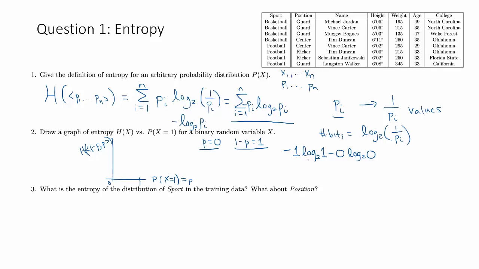Simplifying this, log base 2 of 1, that's 0. So the first term is equal to 0. For the second term, we have 0 times log base 2 of 0. Log base 2 of 0 tends towards minus infinity. So we have 0 times an infinity term. That's pretty strange, right?